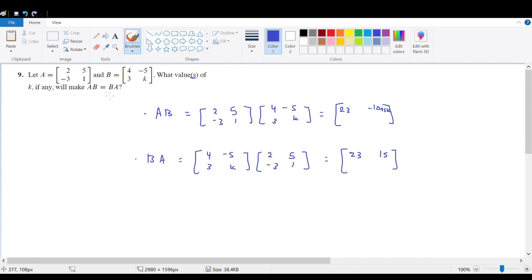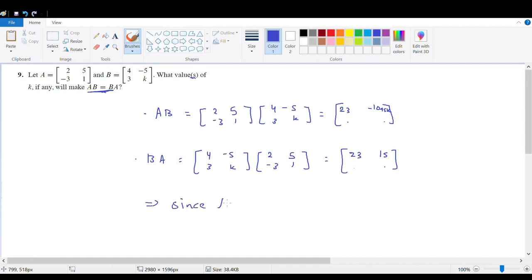We said that AB should be equal to BA. That means 23 here, 23. This one is minus 10 plus 5k, and this one is 15. So minus 10 plus 5k should be equal to 15. Here we have also another element, but no need to complete this one. From here we can find what k is.